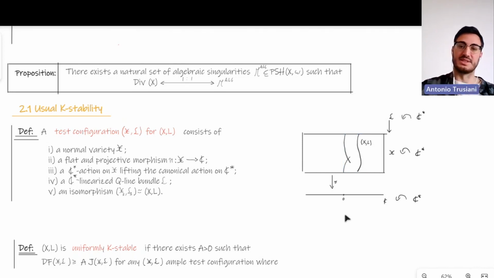An example is the deformation to the normal cone. You take X times C, and you take the blow up of a point times 0, and you have an example of a test configuration.